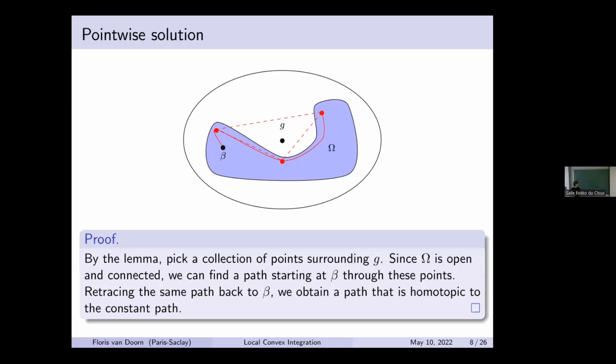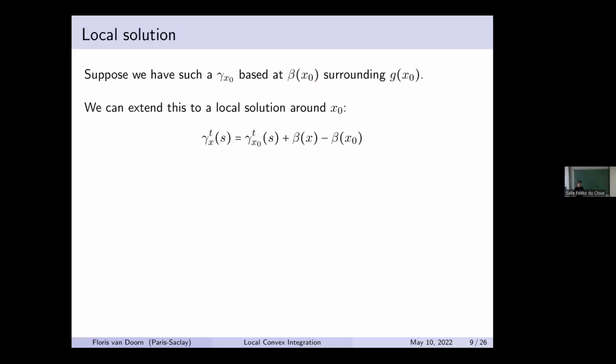Okay, so if you have a pointwise solution, it is not very hard to get a local solution. So if we have such a loop at x naught, so based at beta x naught surrounding g of x naught, which we got from the previous slide, then we can just linearly extend this to get a local solution. So we just change it following the base point beta.